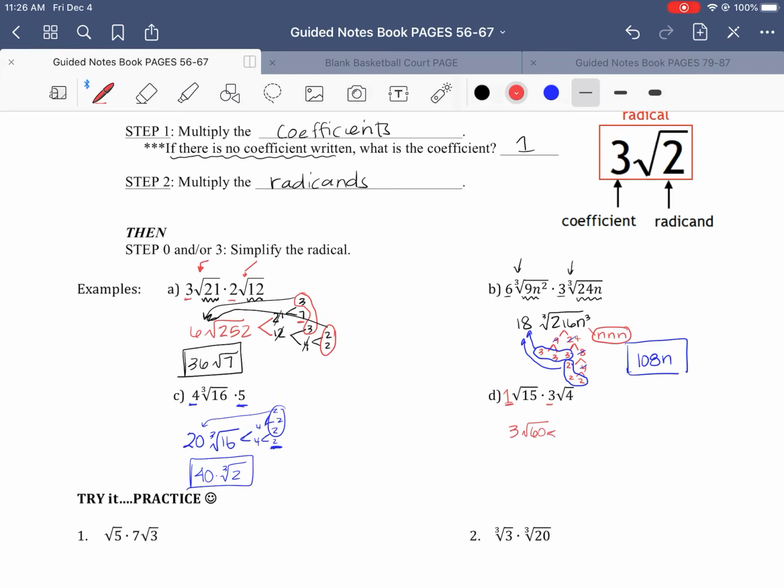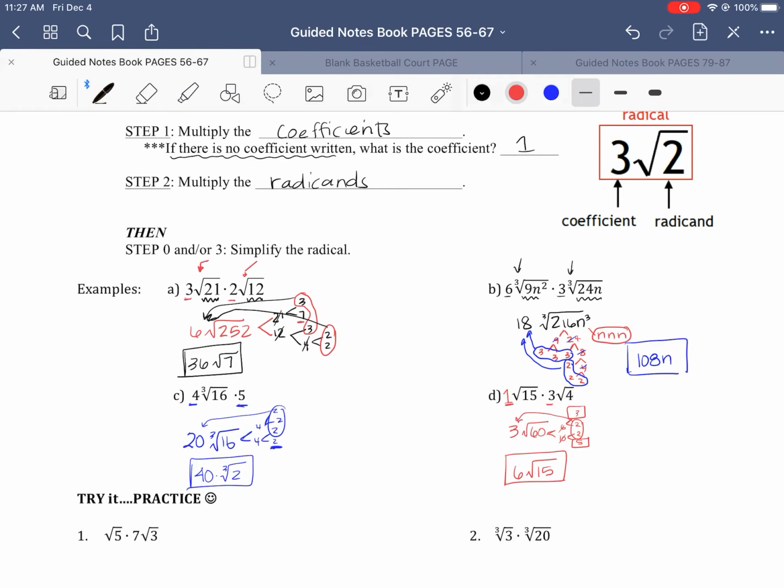If we go ahead and break that down, we have 6 and 10. I feel like we just did this on one of the previous problems. We have a 2 or group of 2's here, right? The 2 comes out front with the 3. So 3 times 2 is 6. And then we have the square root of our leftovers, 3 and 5. So we multiply 3 times 5 is 15. It goes back inside the radical.